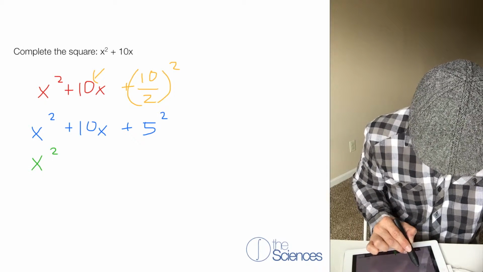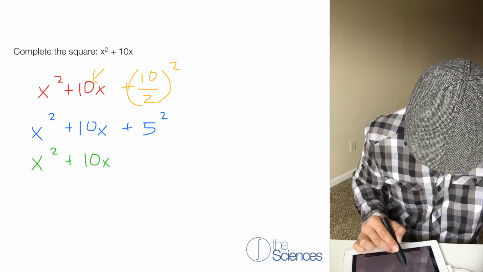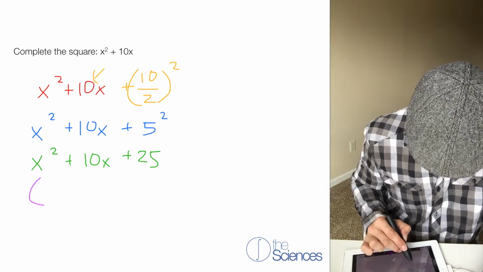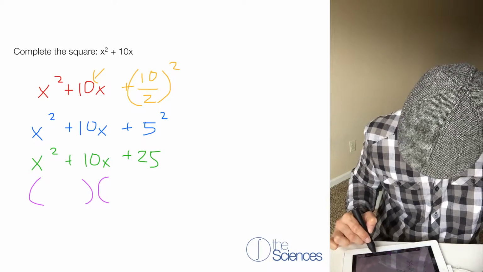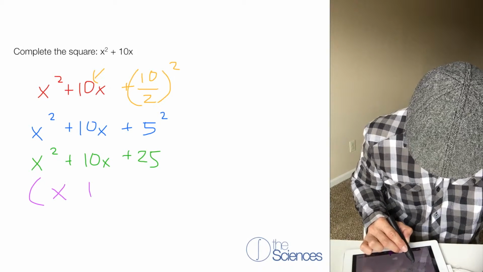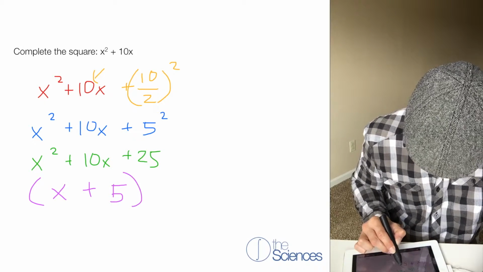So now we get x squared plus 10x plus 25. That gives us the perfect square of x plus 5 squared.